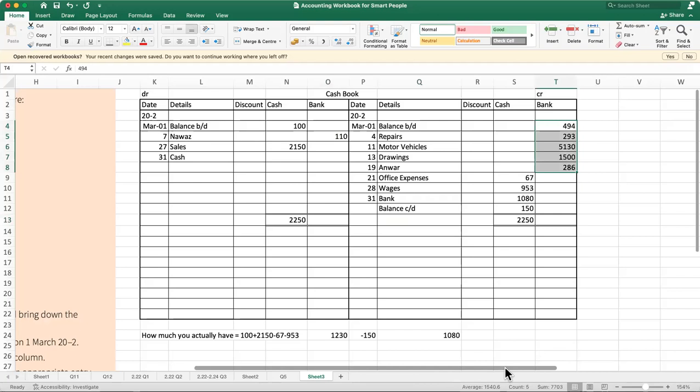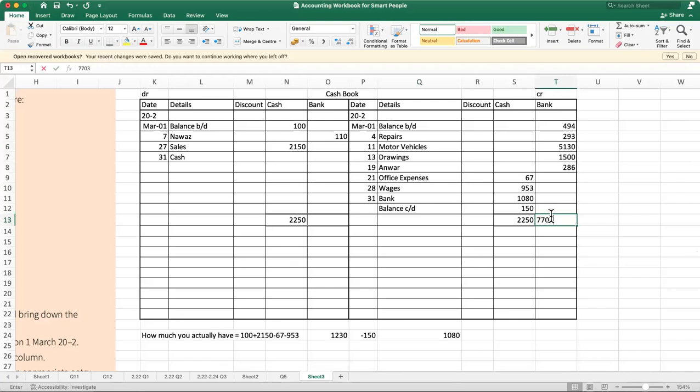You can see, you can read on Excel, you can see already the sum is 7,703. So just write 7,703. So this side is the side that has more. So on the side that has lesser, I need to write the amount. So this side will be 1,190. So here is equals to 7,703 minus 1,150. So this should be my amount.